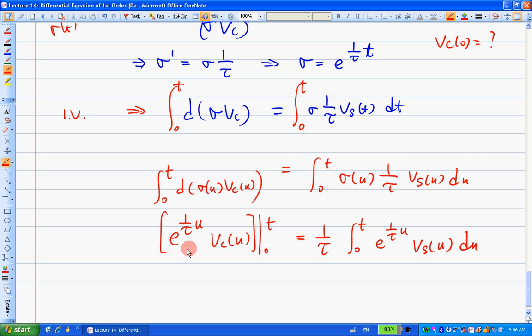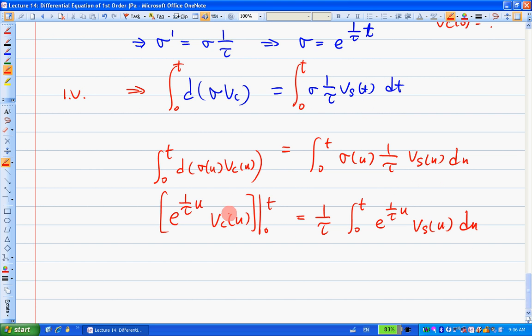All right, so let's do the left side here. Plugging the 0 and t into this one. Plugging in the t, it's e to the t over tau, Vc t. Plugging the 0 into this exponential becomes 1, so this is just Vc 0.